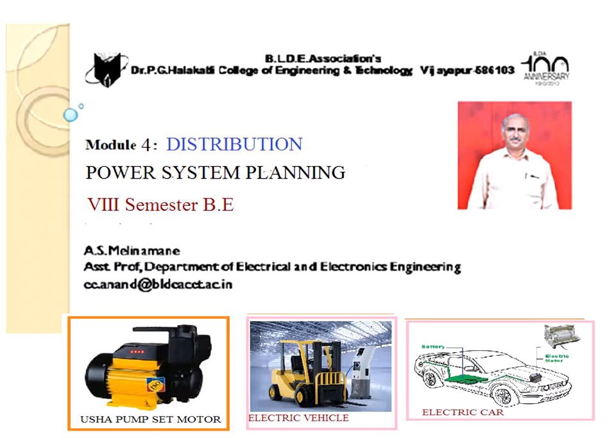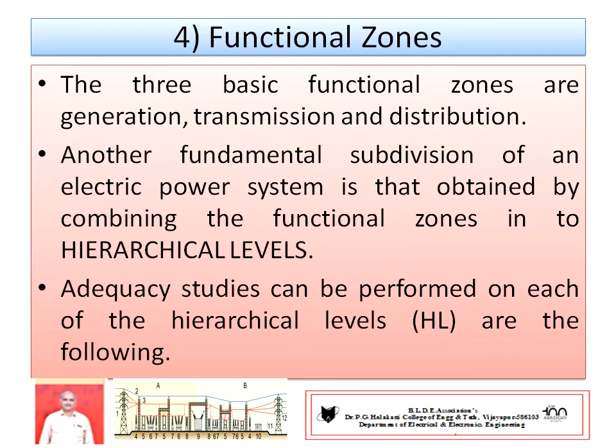These are the three major components of the power system, but we have to see in the functional zone how these components have been rearranged. The three functional zones are: number 1 generation, number 2 transmission, and number 3 distribution.